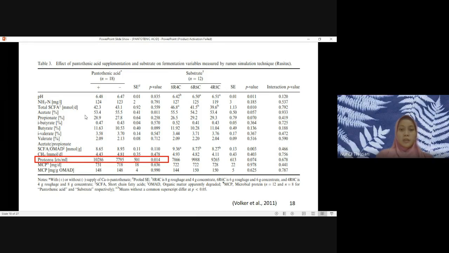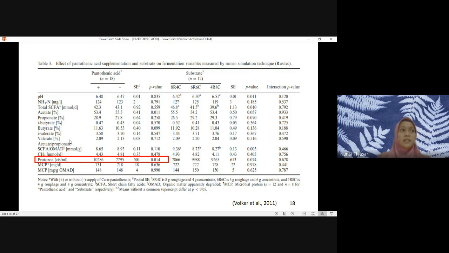From this author, I get the information on why acetate gets lower with the addition of pantothenic acid. This experiment uses the rumen simulation technique, or RUSITEC, which does not use animals, so they probably have less source of forage.